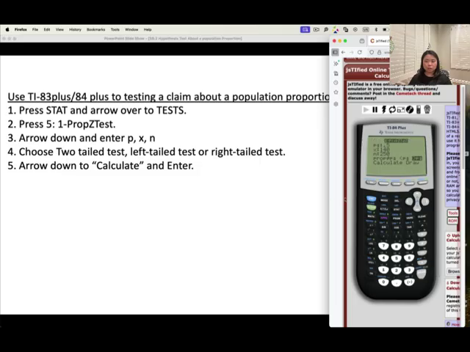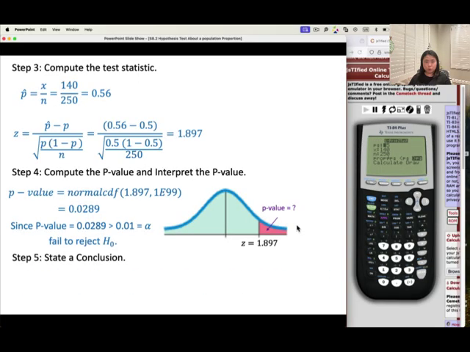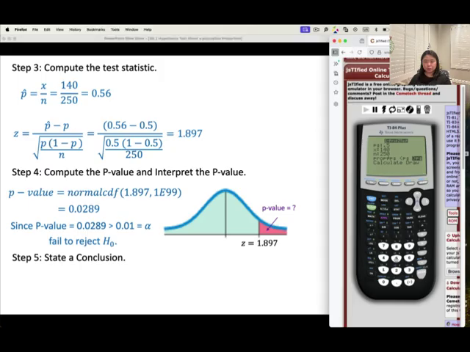So we will have p, which is 0.5. And then x, we have 140. And n will be 250. And then we have the right-tail option. Go to Calculate.